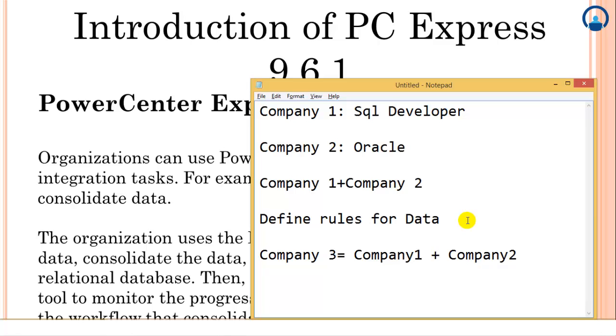So mainly for this purpose we use the ETL tool, PC Express 9.6.1.